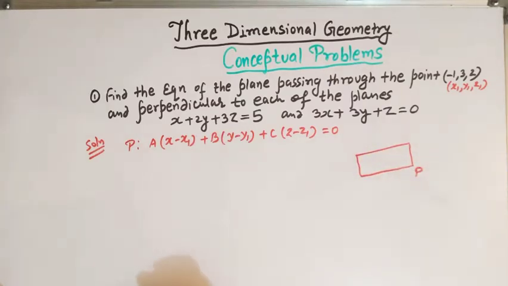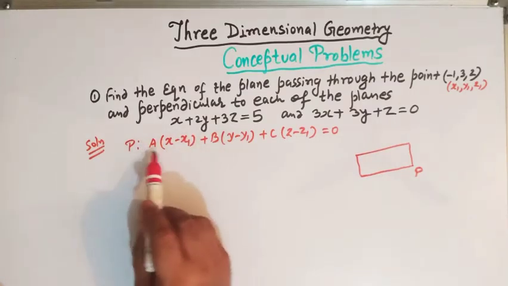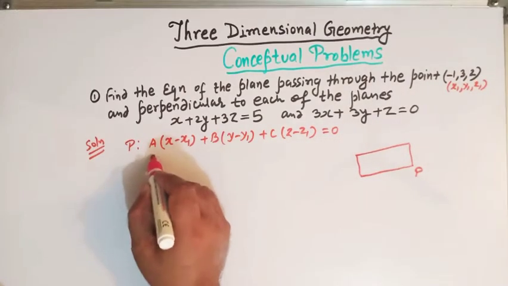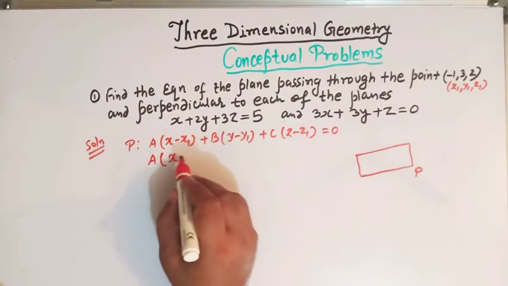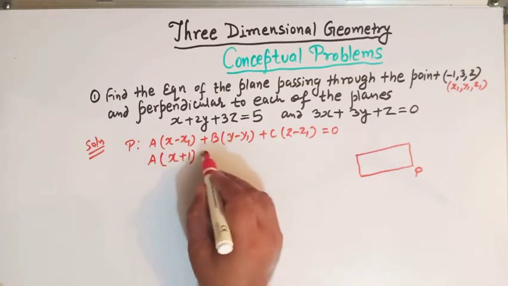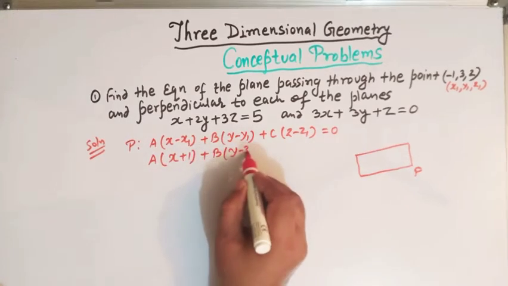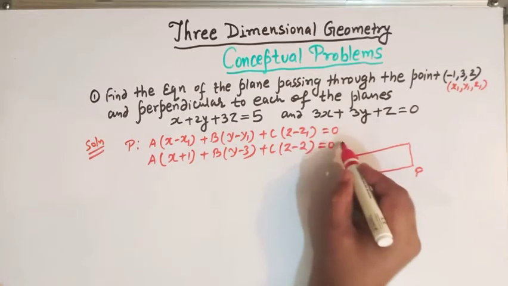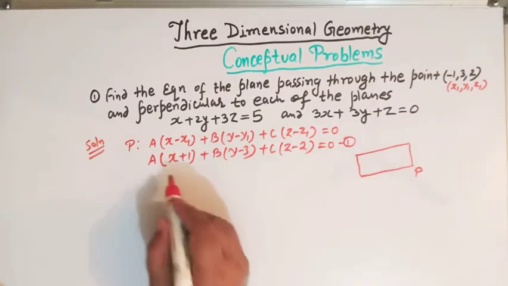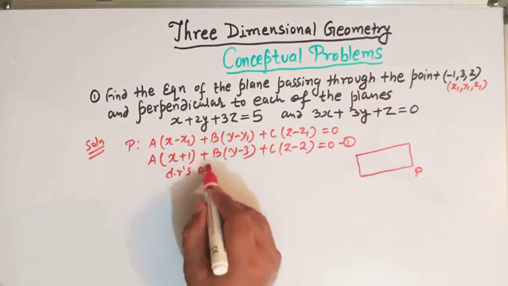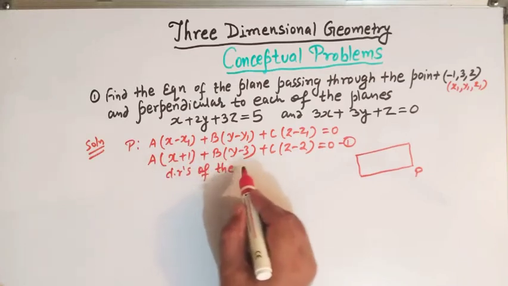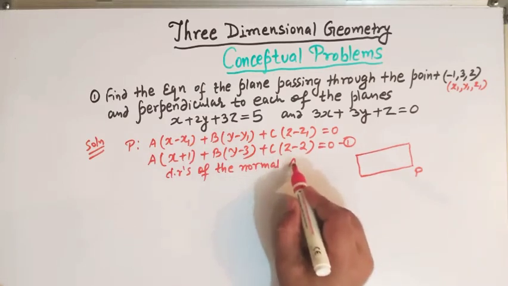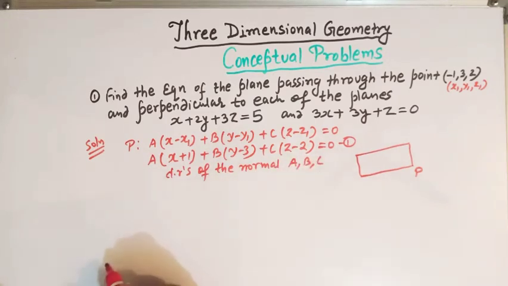So this is the plane P. Now here x1, y1, z1 is -1, 3, 2. So substituting here we get a times x plus 1, then we have b times y minus 3 and plus c times z minus 2 equal to 0, right? So here the drs of the normal to this plane P are given by A, B and C, right?